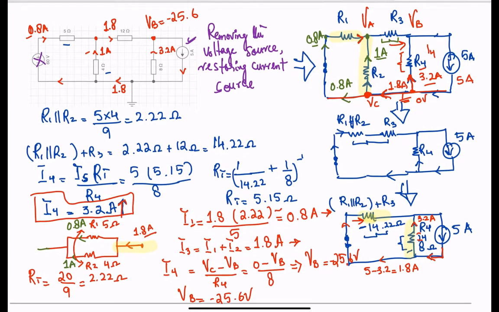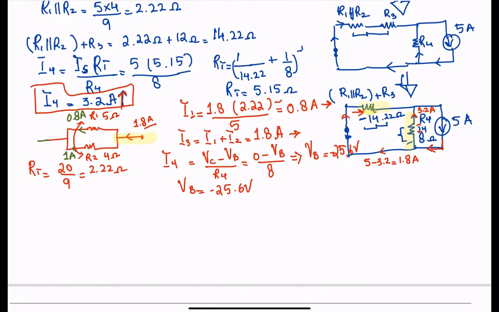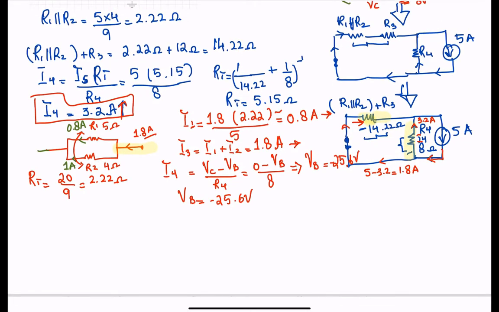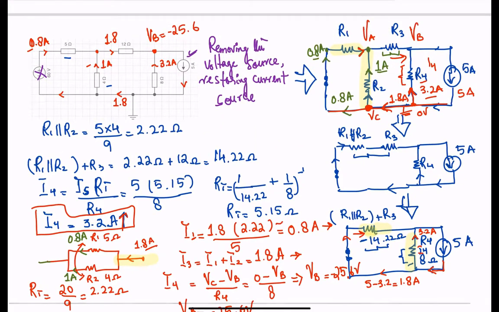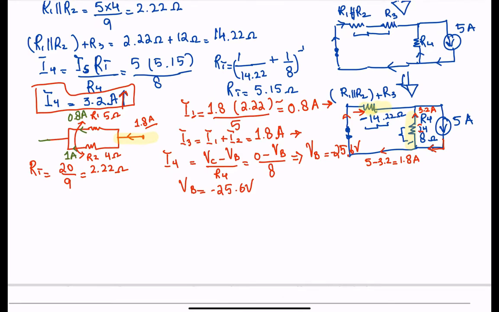Similarly, just like how we calculated VB, we can also apply Ohm's law to find VA. Remember VA, which is over here at this node, is the potential difference from VC, which is connected to ground, so you have 0 volts. Because the current direction is going this way, it's VC minus VA.